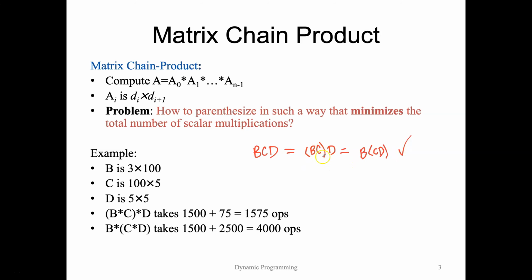We're allowed to group matrices any way that we want, and we'll still get the same value. So we want to group them in such a way that results in the least number of scalar operations.